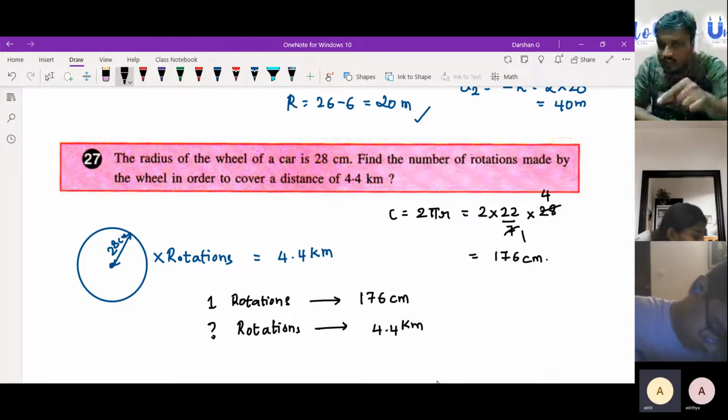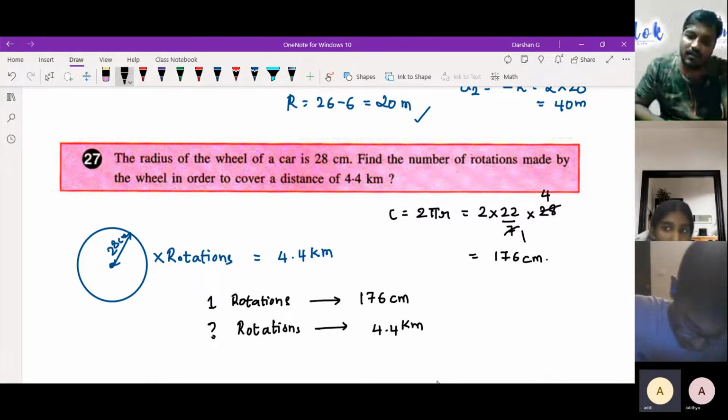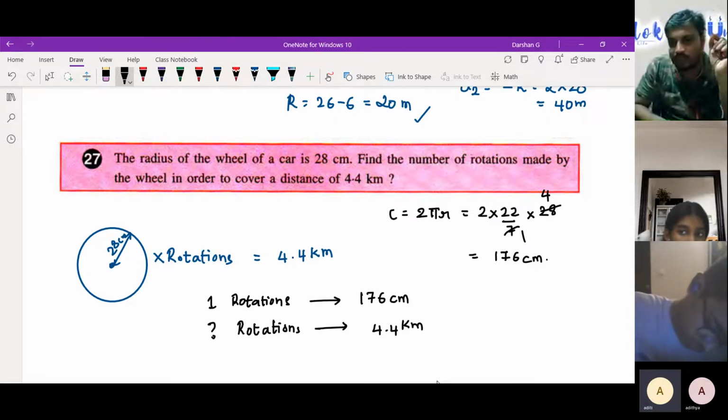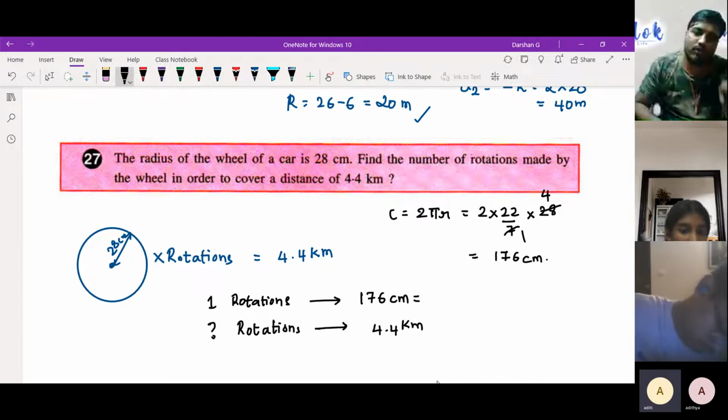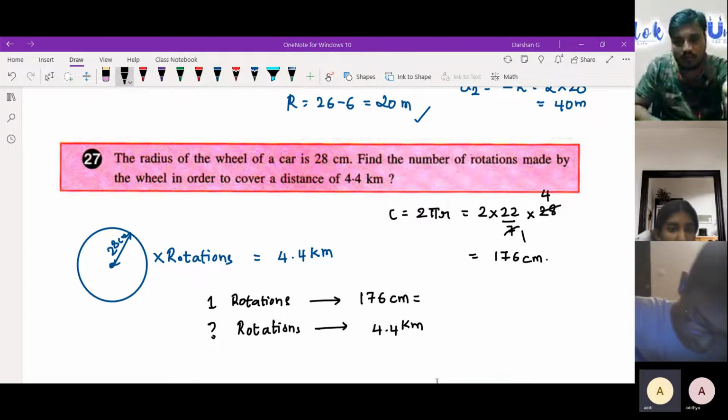This is in kilometer, the other is in centimeter. Convert into centimeters, or you can convert the 176 into meters and 4.4 into meters, and then do this question. Whichever is feasible.